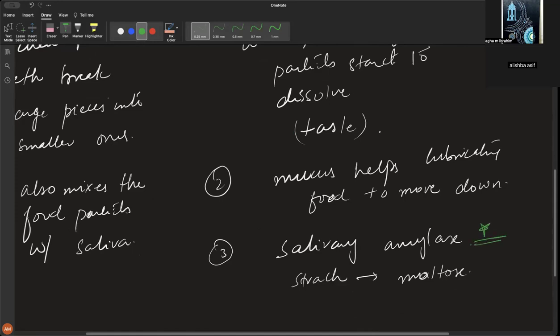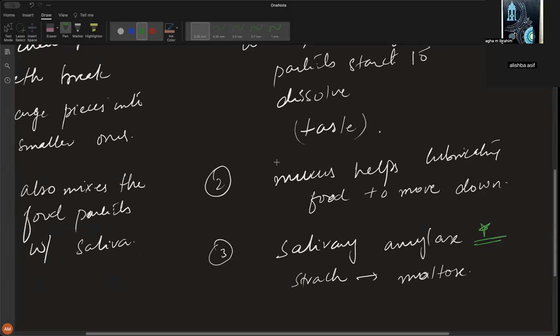Okay, is this clear? In the mouth, there is no other enzyme. There's only water, and these things start to work. Now, what has happened?